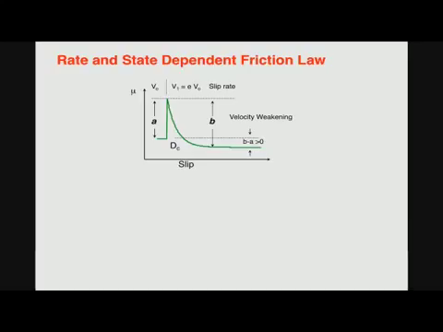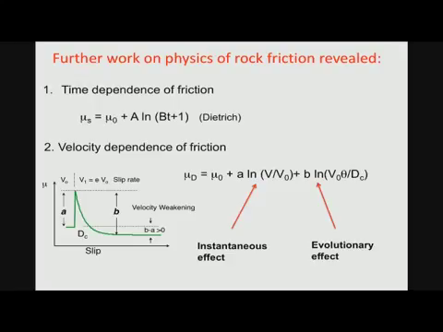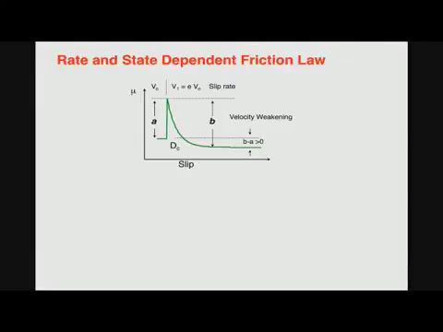And there are different descriptions that people use of that. But the importance of rate and state dependent friction is that these coefficients a and b, shown here, are going to define these kinds of transitions.